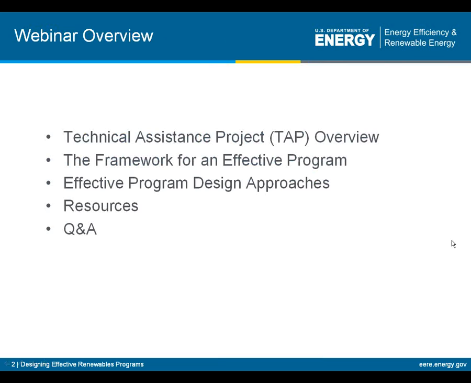The overview today: I'm going to do a quick review of the Technical Assistance Project and what resources it has to offer you. I'll review at a high level the framework and the steps for designing an effective renewables program.